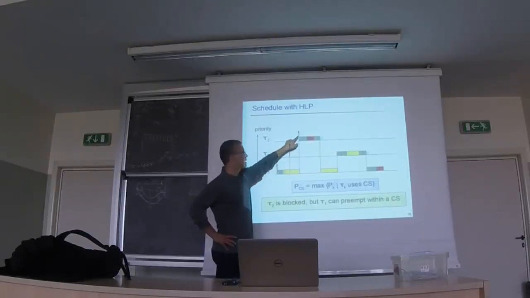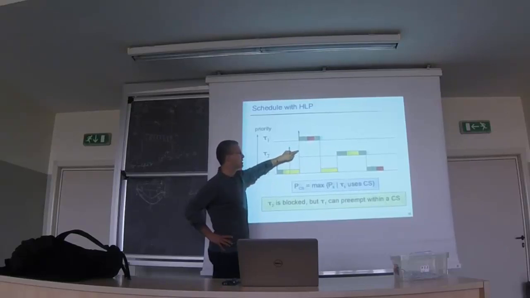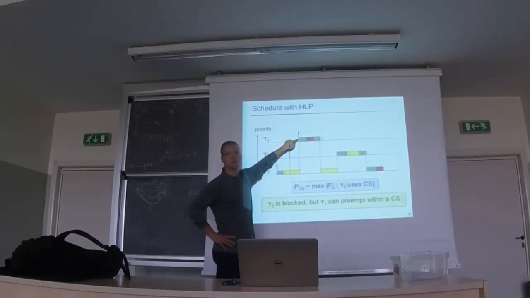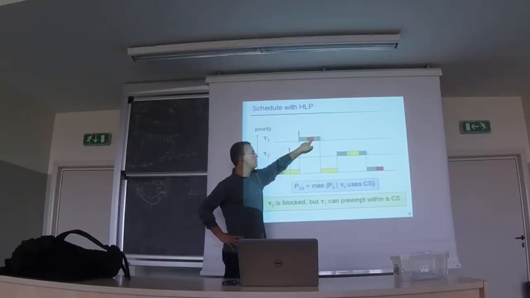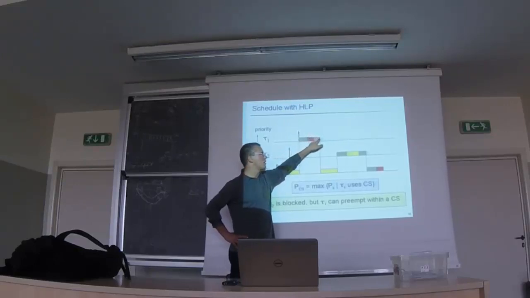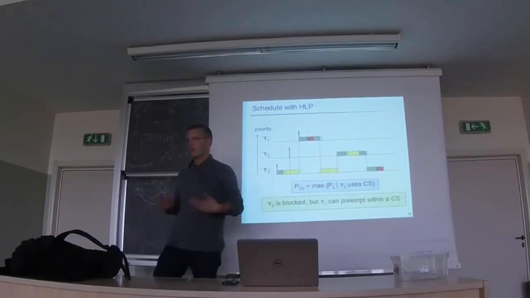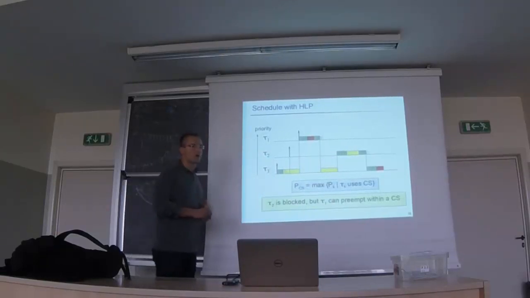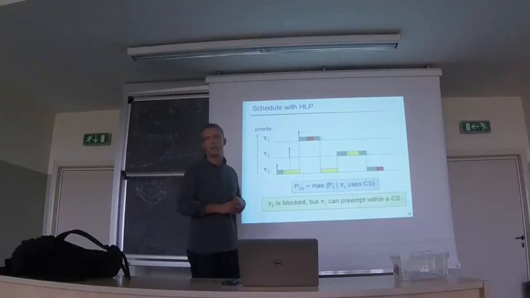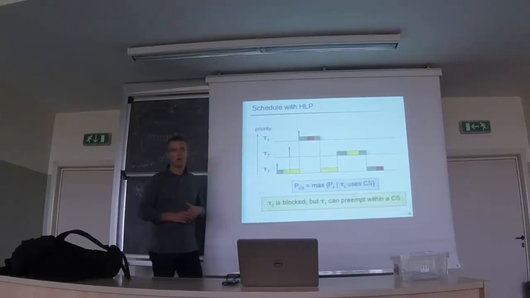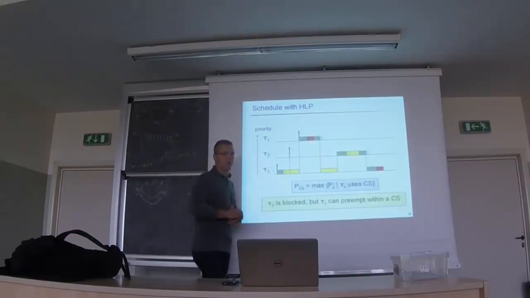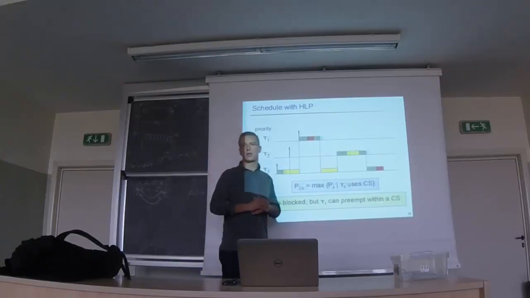That means that when a higher priority task arrives, it is able to preempt. It accesses a different resource here, and it finishes. So the highest local priority solves this useless blocking problem that we had in the non-preemptive protocol, and also solves the problem of unbounded priority inversion.